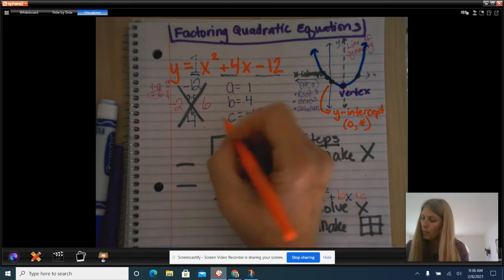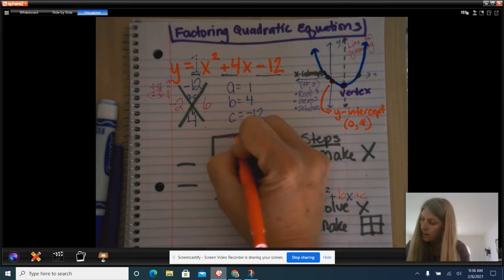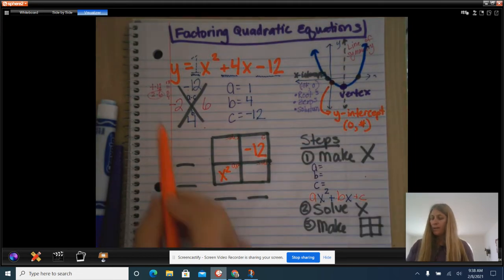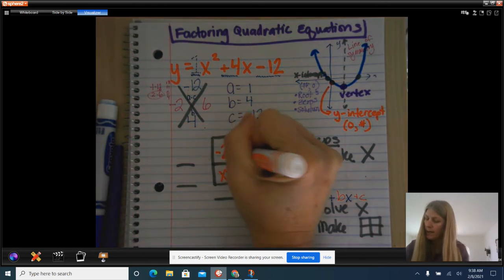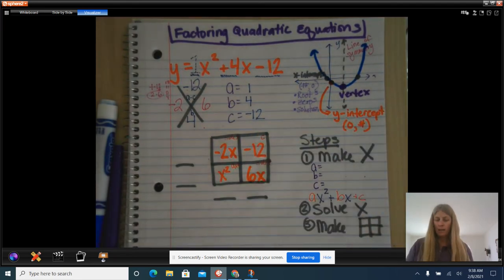Now that's coming from our original equation, our ax squared and our c. On the sides, we're going to put x's. So these are the 2 numbers that we found from our diamond problem. We're going to put negative 2 and then an x, and then we're going to put a 6 and then an x.